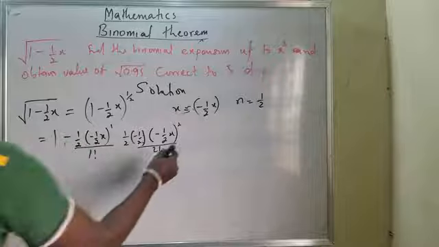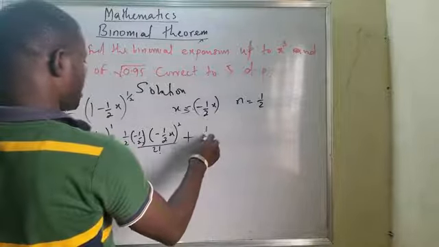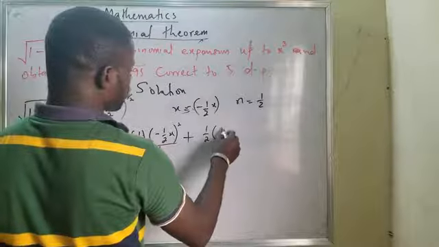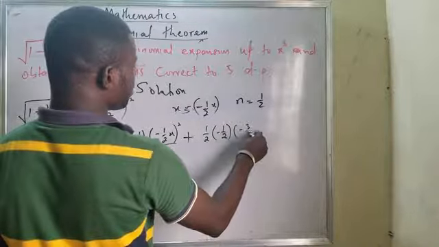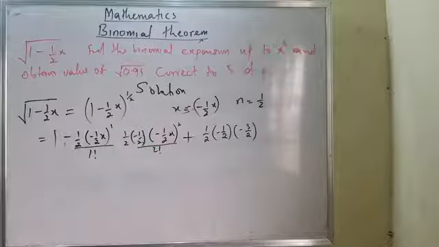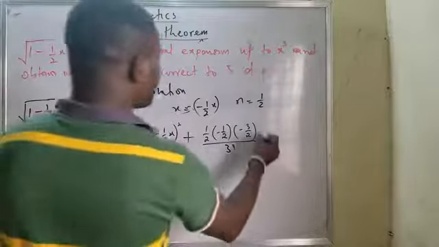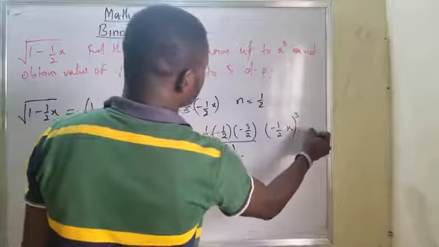Now, plus, which is the third term, I'll be having this one will be 1 all over 2, bracket of 1 all over 2 minus 1, bracket of 1 all over 2 minus 2, which is minus 3 all over 2, divided by 3 factorial, and also bracket of minus 1 all over 2x, bracket of 3, and so on and so forth.